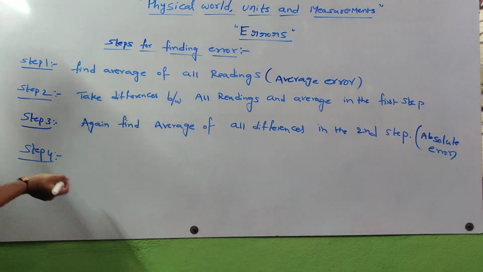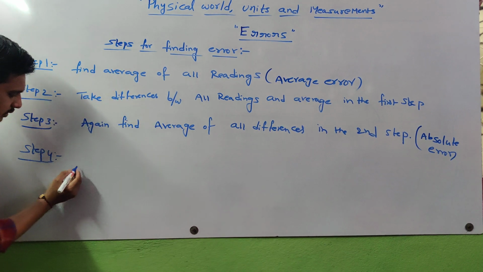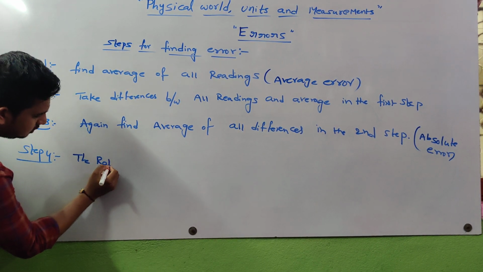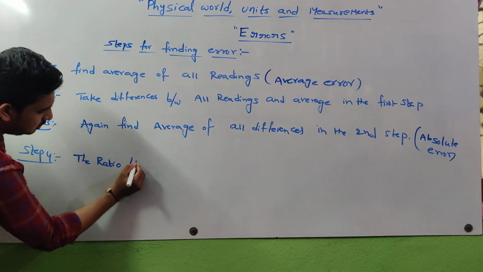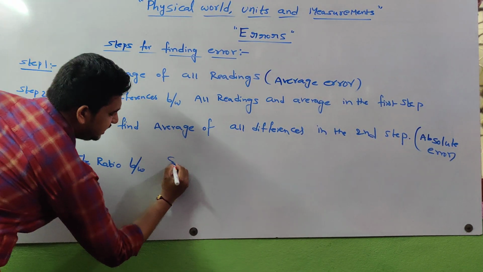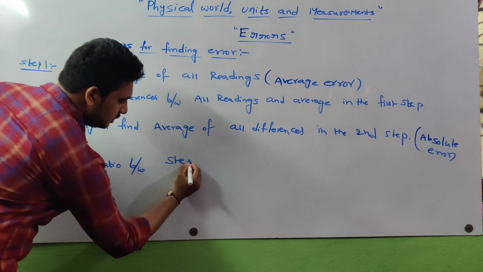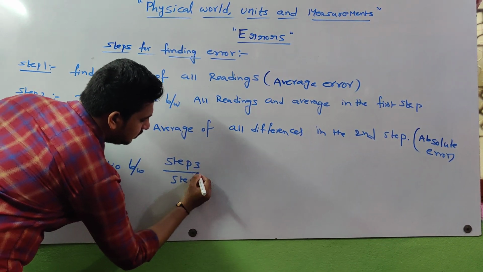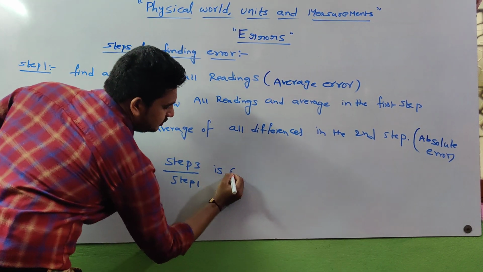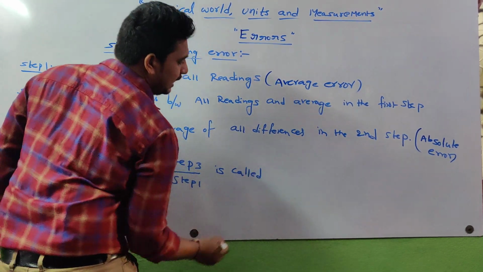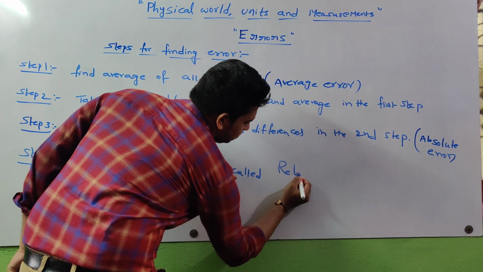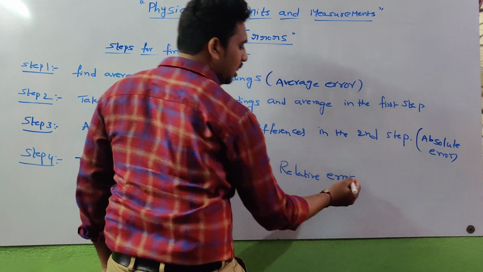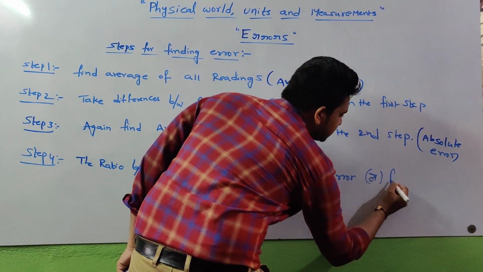Next, step 4: the ratio between step 3 and step 1 is called relative error, or fractional error.